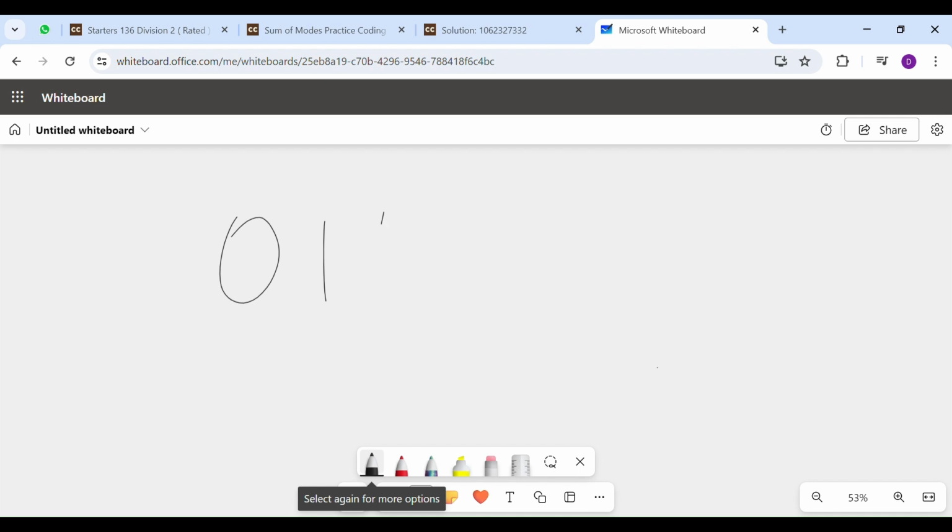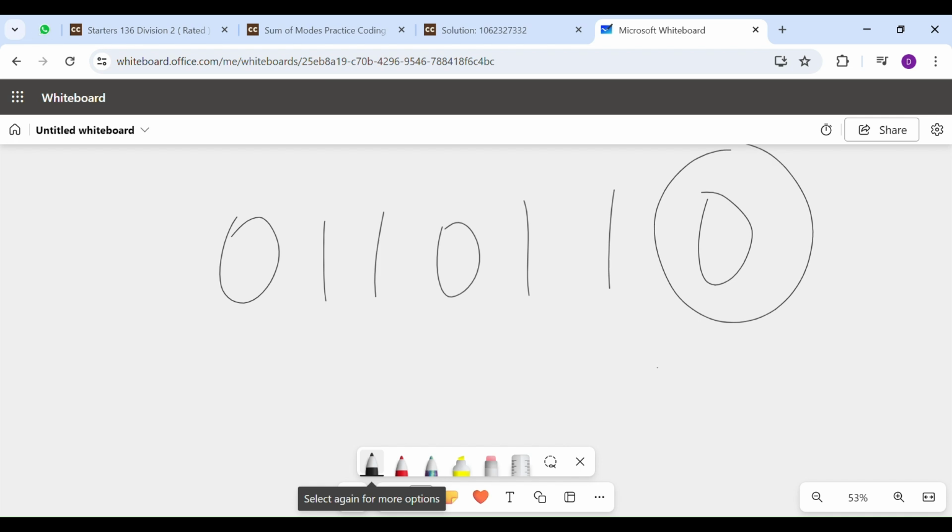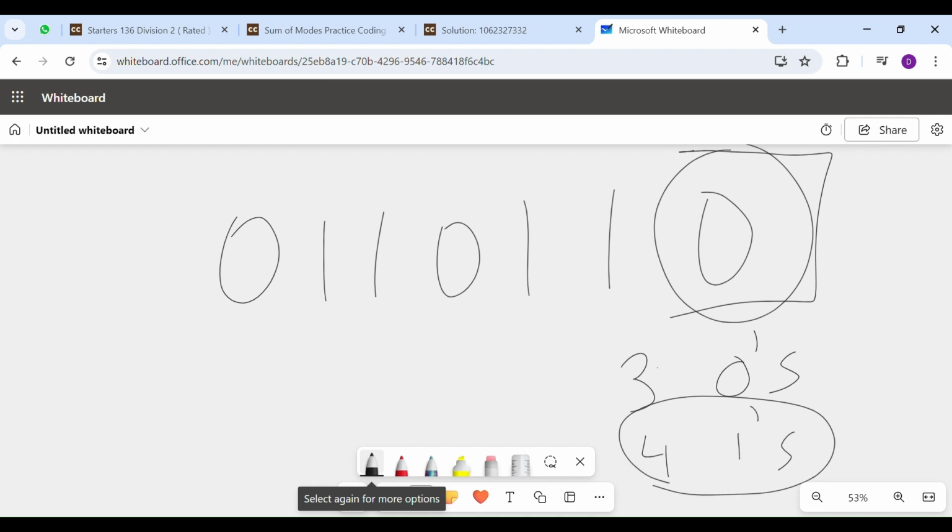Now, if I have some string like this and I have to find the sum of all answers for substrings ending at this index. Now, at this index, I have 3 zeros and 4 ones. So, if I want to calculate how many substrings ending at this index will have number of modes equal to 2, it means at this index I am having one extra one over here.